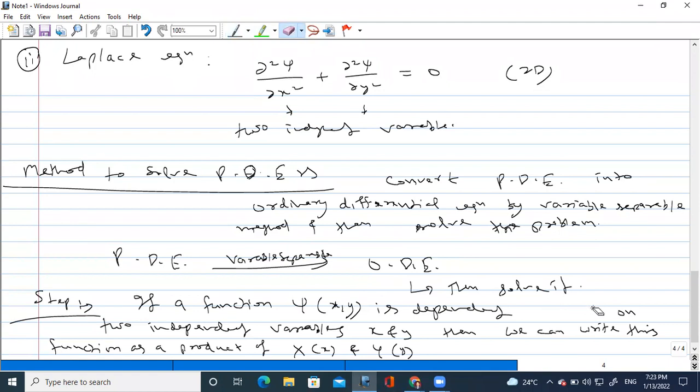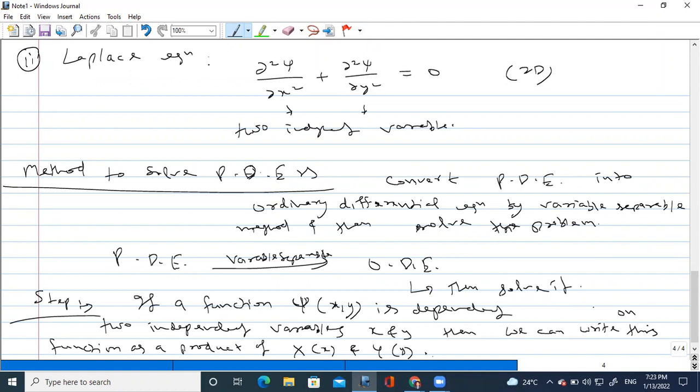Understood? So like this trick we will apply. So first of all, this psi(x,y) can be written as a product of two functions X and Y which are depending on only one independent variable. Note down this. Or more clearly you can make it.